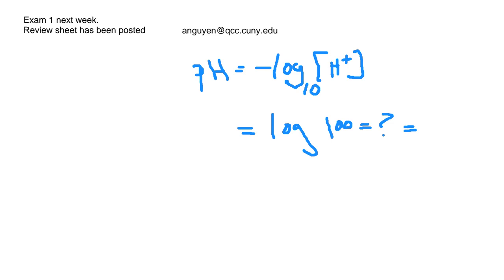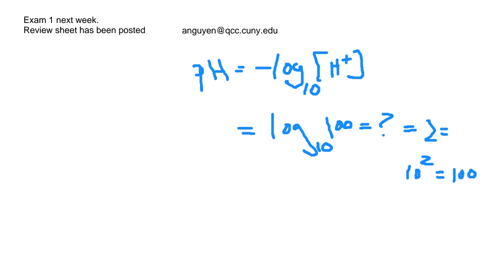Why do you get 2? Because what I'm asking is, what number do I need to raise 10 to, to get 100? Two, because 10 to the power of 2 equals 100, right?